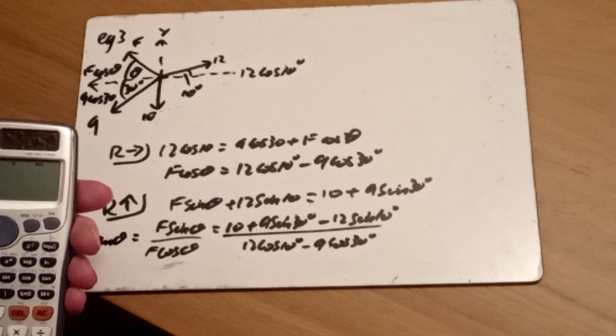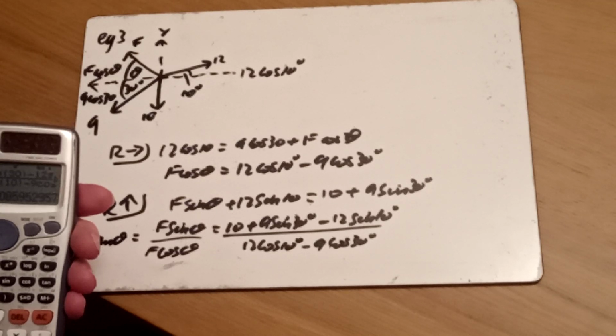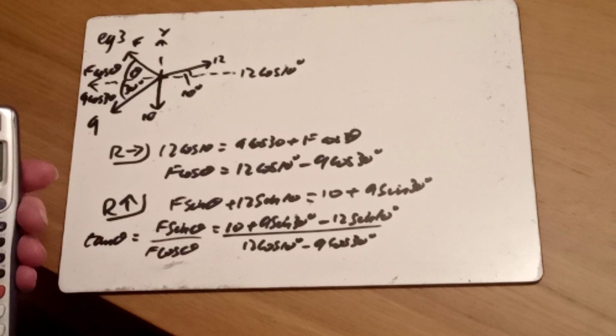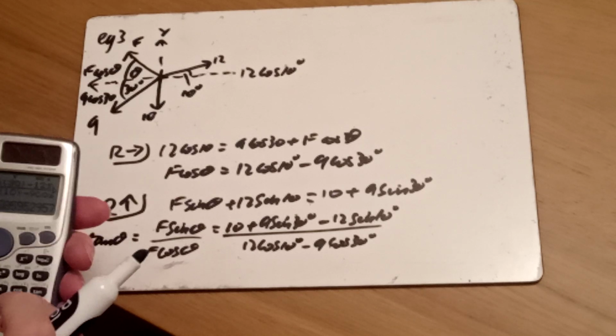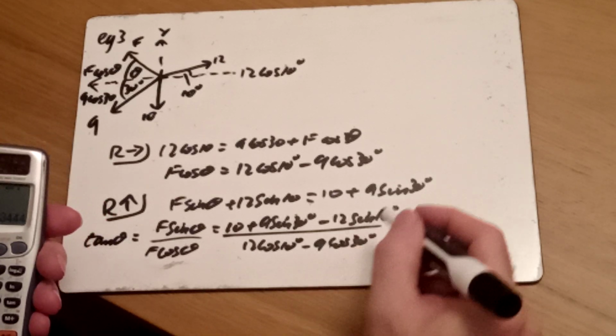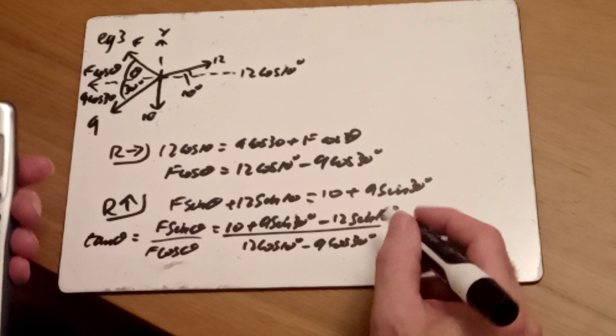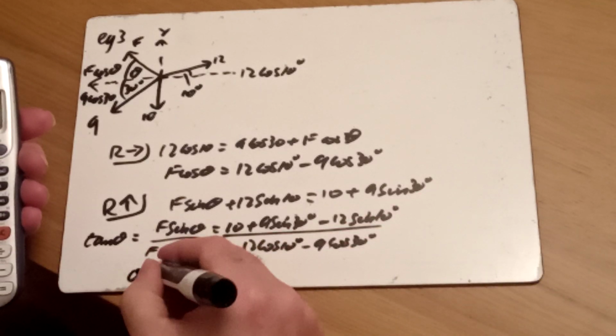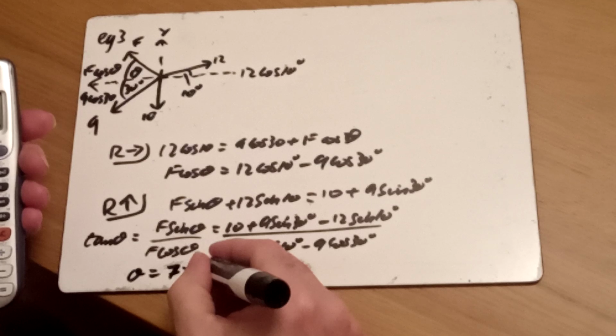Press equals to get tan, is where it is. Ooh, big angle. And then shift tan answer equals 72.0 degrees. So theta 72 degrees.